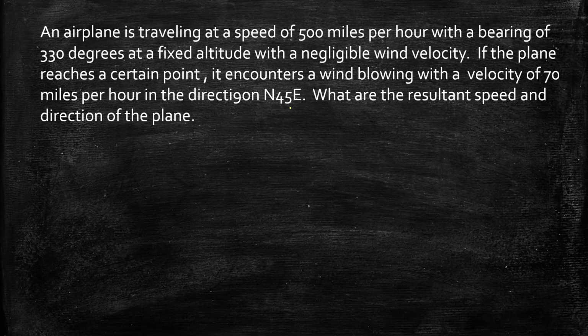Okay, so this problem here is really two different vectors combined together. So what am I going to look like? Well, let's see if I've got a graph set up in here or not. I do. So here's my airplane, and it's heading 330 degrees.